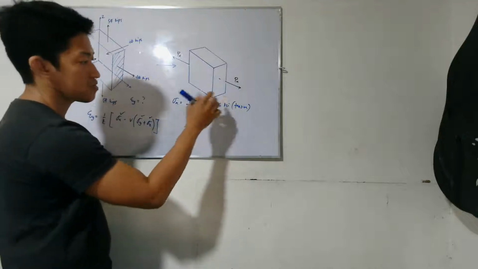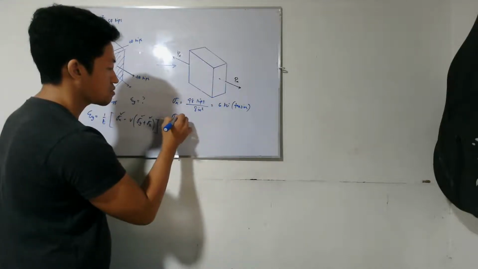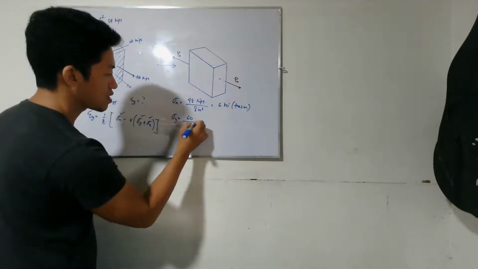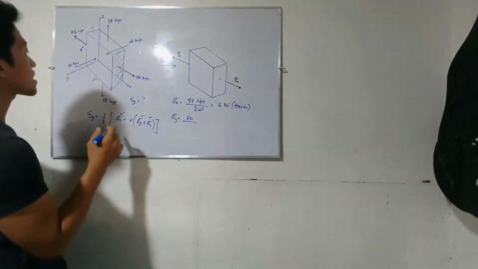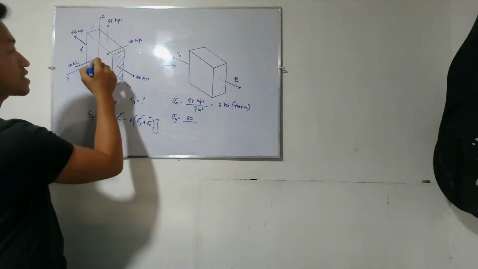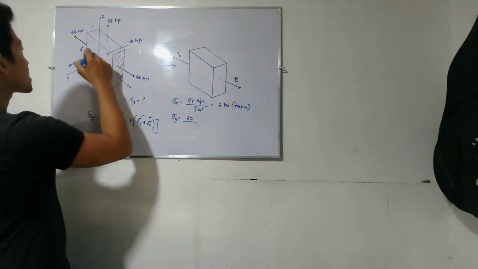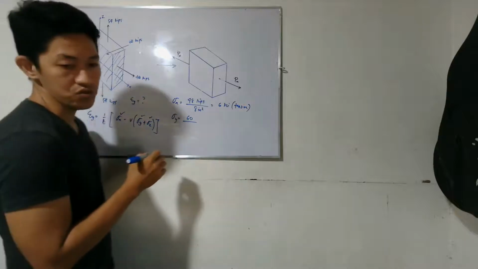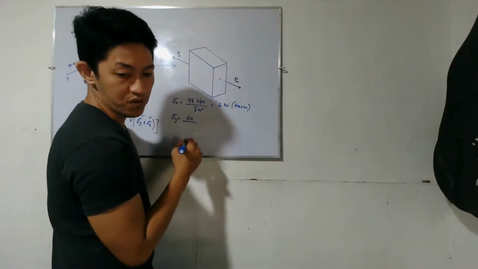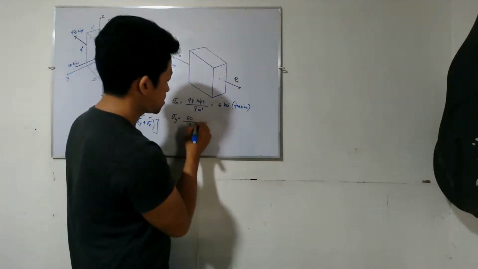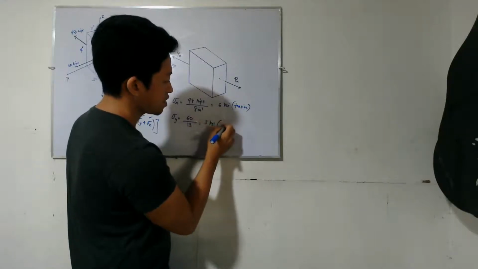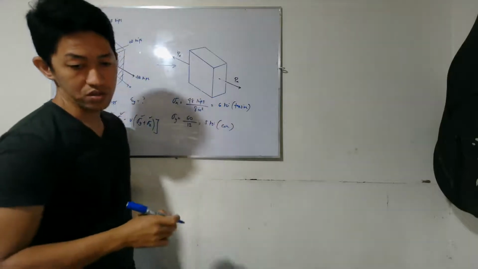We also indicate whether tension or compression. Sigma Y is 60 kips over the area perpendicular to it, that is 3 times 4, or 12. So this is 5 KSI compression.